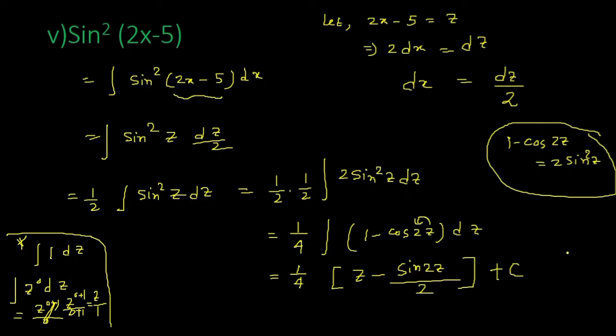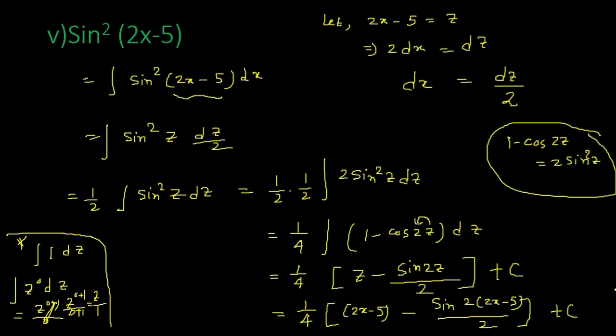The coefficient of z is 2, so the denominator will be 2, plus c. So the integration of 1 is z, and the integration of cos 2z is sine 2z by 2. Now putting the value of z, we get 2x minus 5 minus sine 2 into (2x minus 5) by 2, plus c. So this is the integration of sine square (2x minus 5).